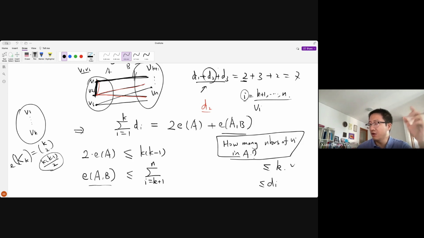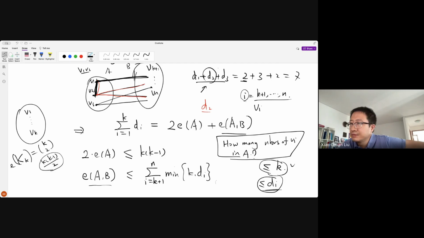So at most, all its neighbors are in A, then you are smaller or equal than this number. So the answer to this question is smaller than 2 numbers. So you just put the minimum of these 2 numbers. Okay, so this completes one direction of the proof.